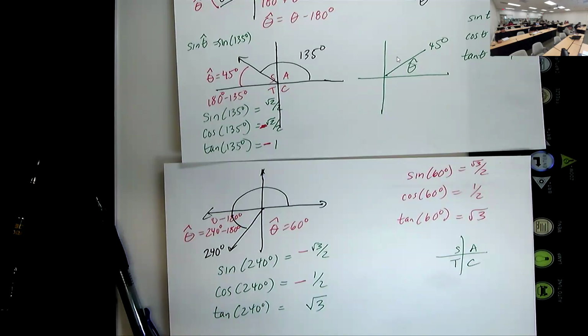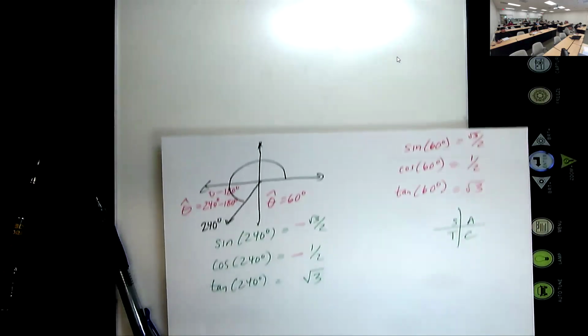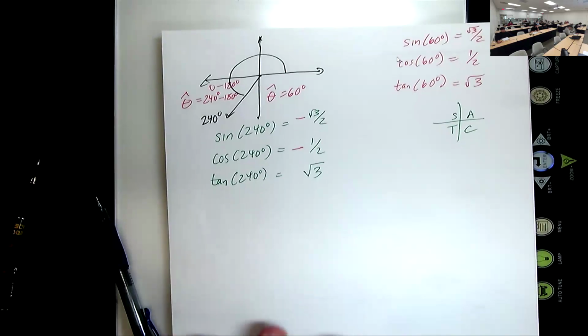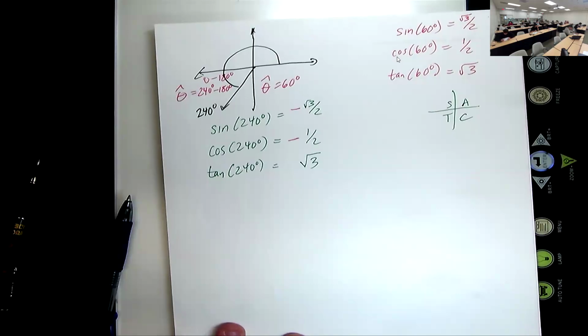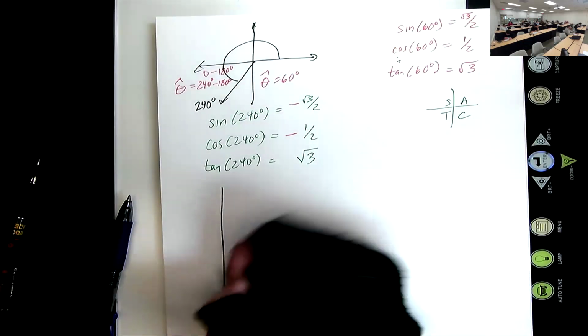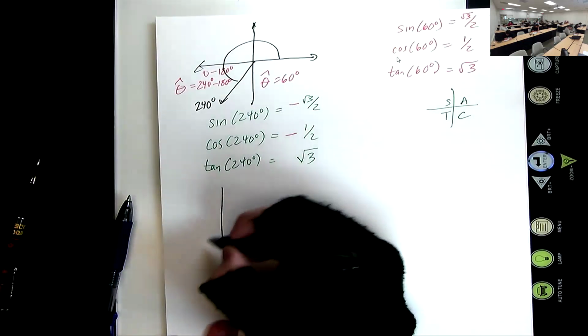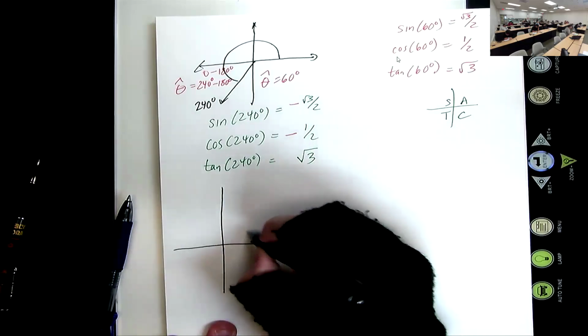Works in any of the quadrants, with any angle. I'm just using the special angles because I have those values memorized. But the same thing works with some messed up angle. Let's say we're looking at 281 degrees.